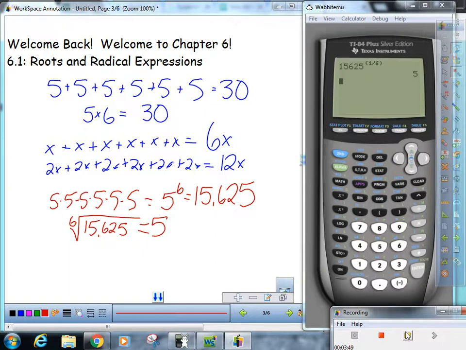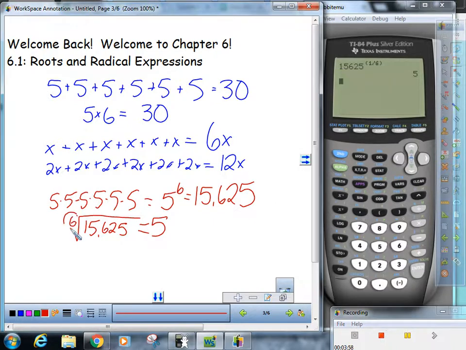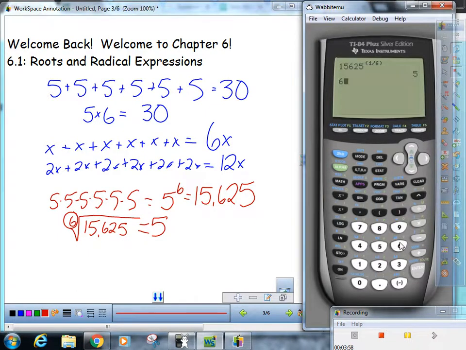Okay, but now I'm going to teach you a better way to type that into your calculator. So I want you to start with this number, like it's the 6th root. So start by typing in a 6. And then hit this button right here that says Math. And which one do you think we want? We want number 5.